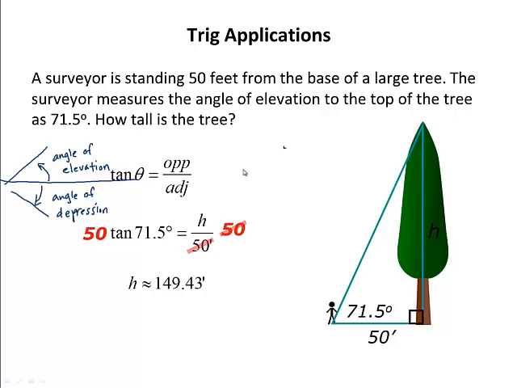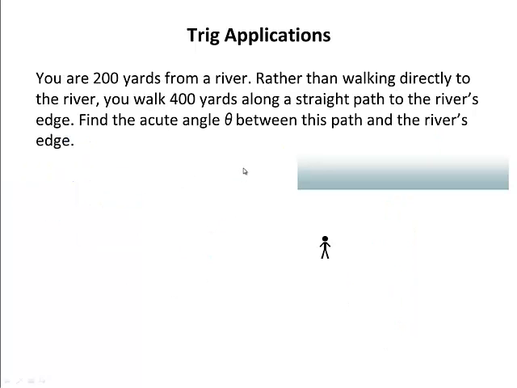Okay, let's try another one. You are 200 yards from a river. Rather than walking directly to the river, you walk 400 yards along a straight path to the river's edge.